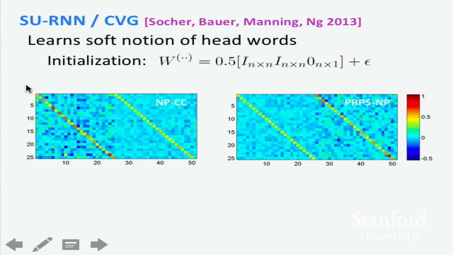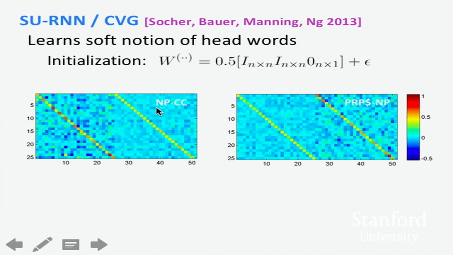So for training this model, what Richard did was he started off the matrices with identity initialization, but they're kind of two half matrices with identity initialization, because this is the part of the matrix that's multiplying the left child, and this is the part of the matrix that's multiplying the right child. So they were initialized with identity initialization, as we've spoken about before. That has a similar effect of allowing propagation of information at the beginning of training to the kind of thing that an LSTM does.